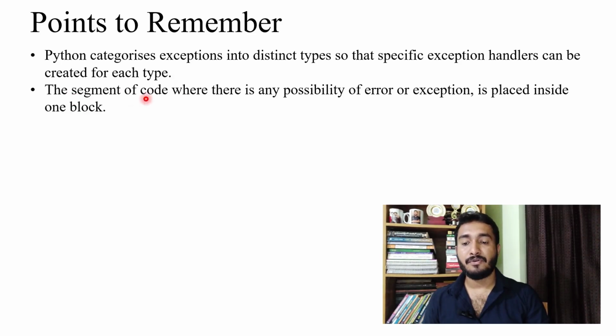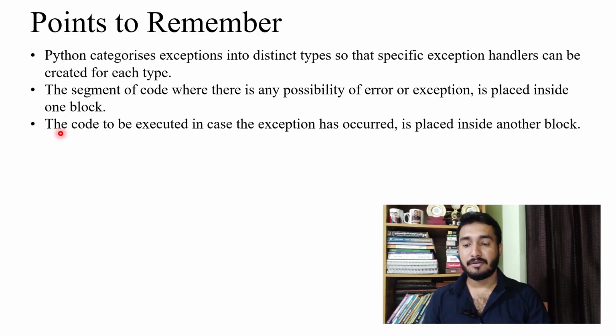The segment of code where there is any possibility of error or exception is placed inside one block. What is that block called? The block is called the try block. The code to be executed in case an exception has occurred is placed inside another block. What is that block called?